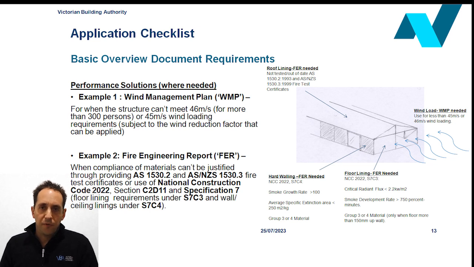Two of the most common performance solutions that we often get are in the form of a wind management plan or a fire engineering report. Where the structure can't meet the wind loading requirements, also including applying the reduction factor under Table 3.3.3 from the Temporary Structure Standard 2015, this often requires a wind management plan.